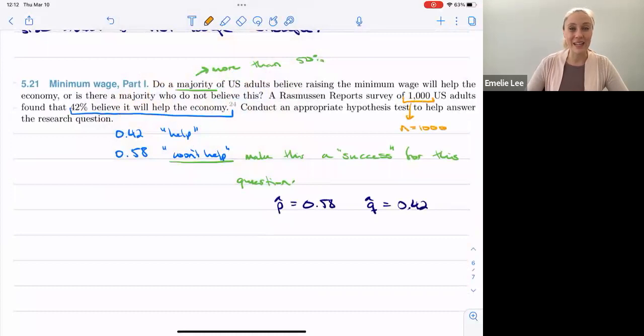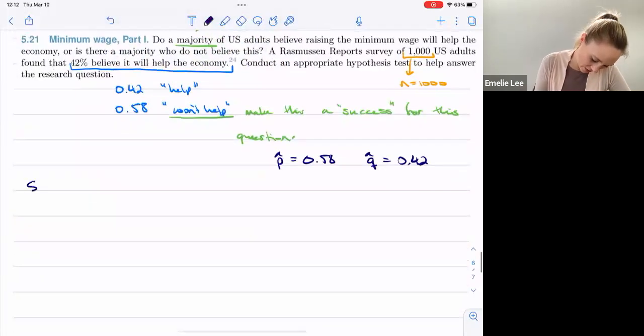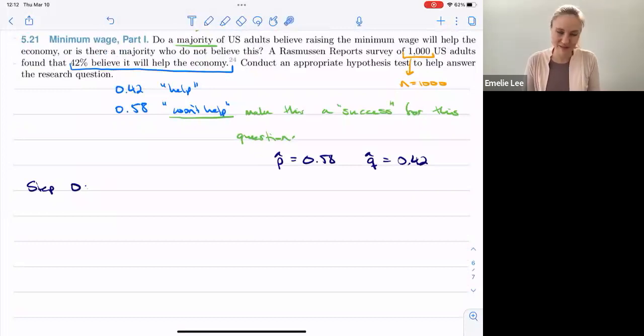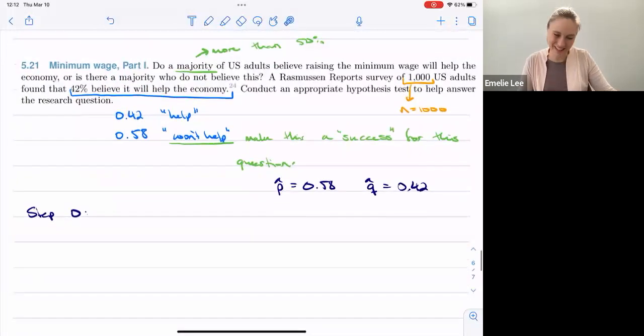And I should check the conditions here, but I'm going to just run through it. So step 0, I guess I have to read the entire question first. I've read it. Can't assume that you have. So conduct an appropriate hypothesis test to help answer the research question. So step 0, we're going to do a hypothesis test with the p-value approach, even though it doesn't say so, but the default hypothesis test from now on is going to use the p-value approach.